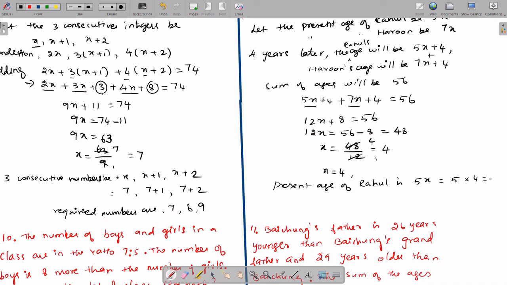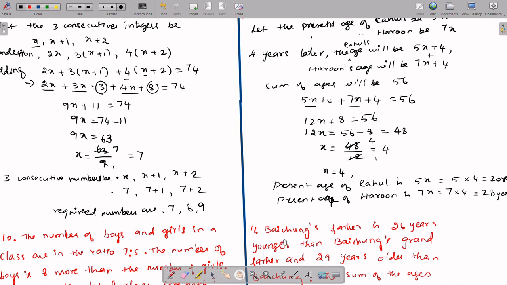Present age of Varun is 7x, that is 7 into 4, 28 years. Rahul's age is 20 years, and Varun's age is 28 years.